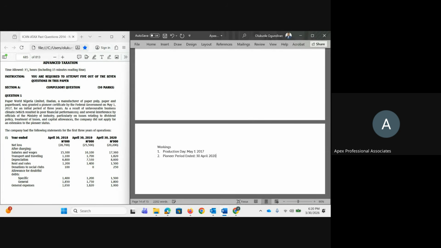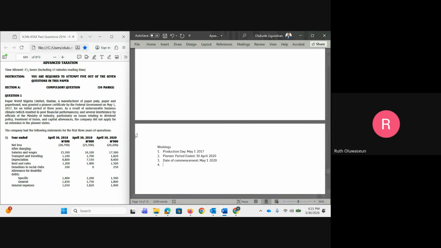Is that correct? Yes. And the business will be deemed to have commenced operation in the post-pioneer period. What's the date of commencement then? That's 1st of May, 2020. Is that correct? Are we good? Yes.